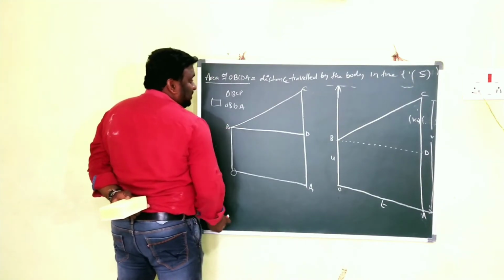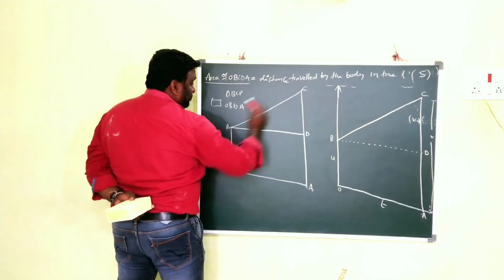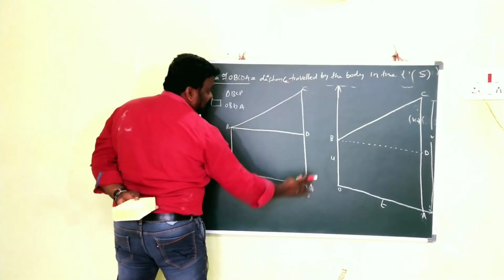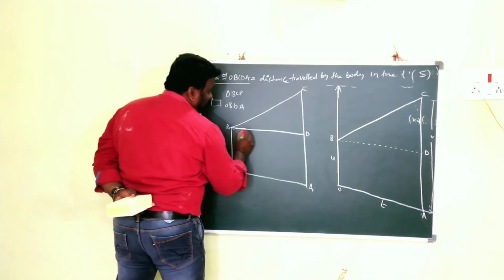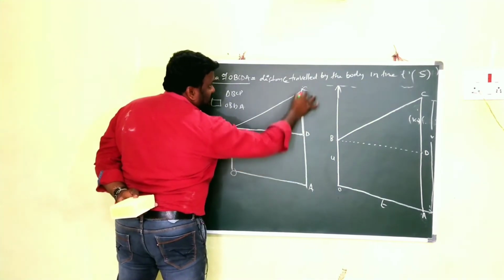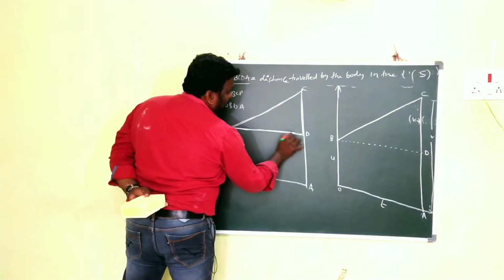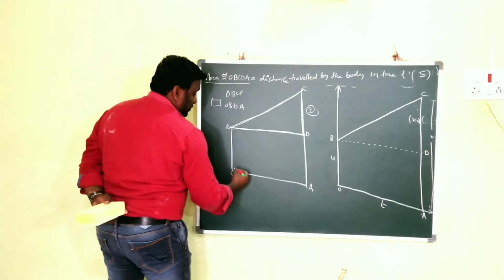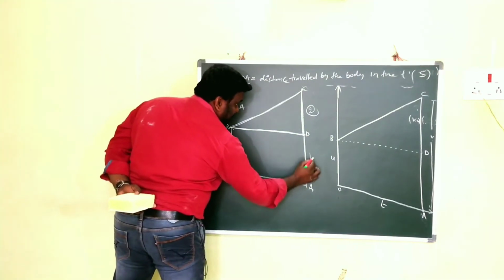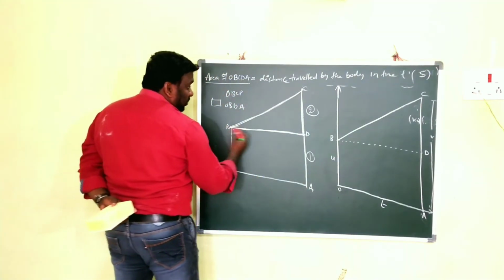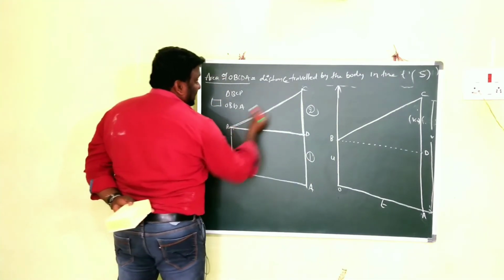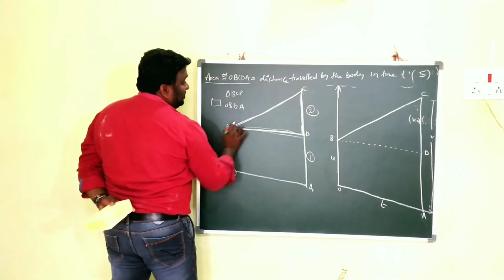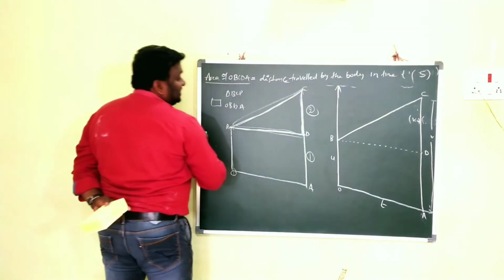That area is the sum of the area of BCD, the triangle, and the area of O, B, D, A, the rectangle.